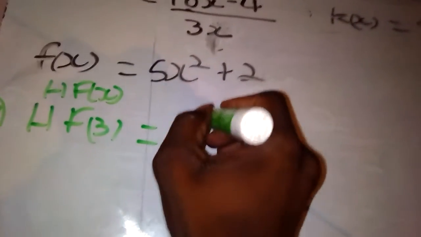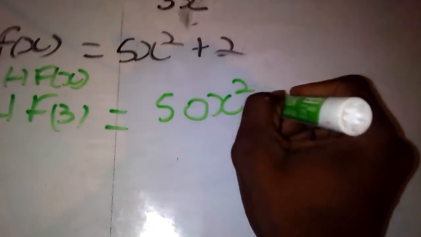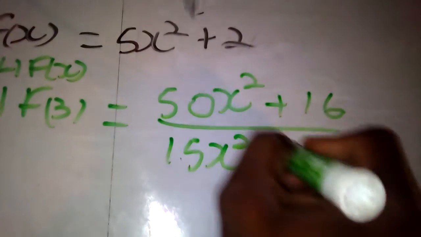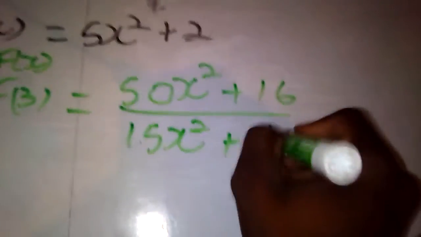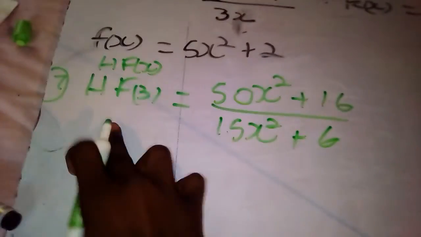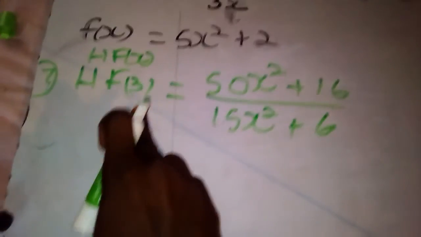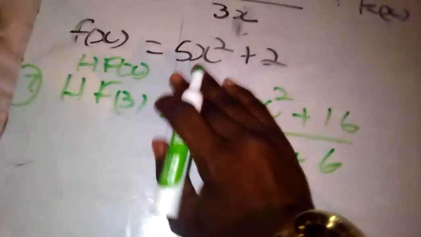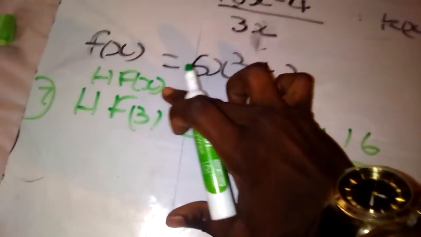So h of f of x was 50x squared plus 16 all over 15x squared plus 6, because that's what we got for h of f of x. Now we're working with h of f of 3. We change the x here to 3, so we need to change the x in this function.